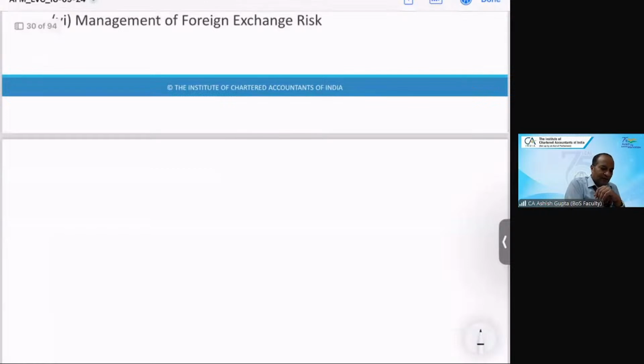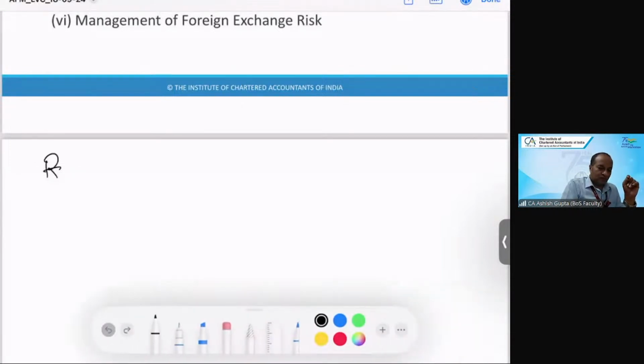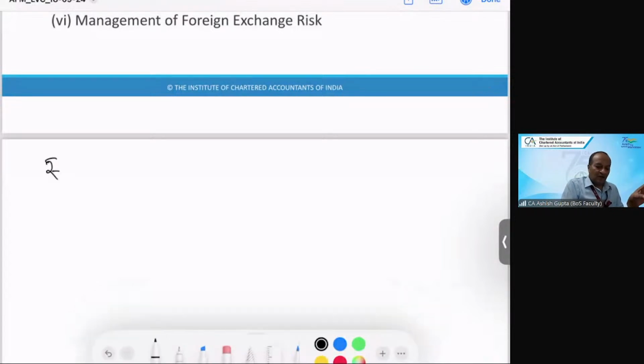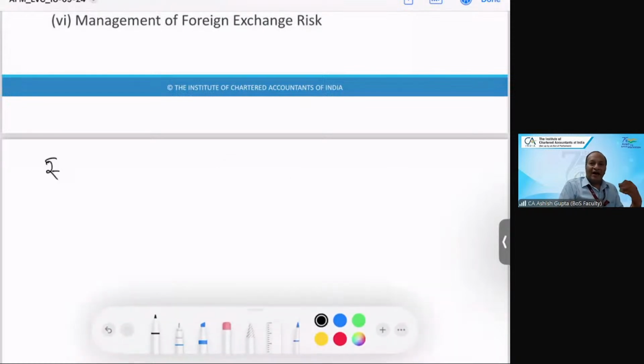Suppose I am importing, because the rupee is a valid currency only in India. Once I cross the border of India, I have to buy or purchase the goods in their own currency.